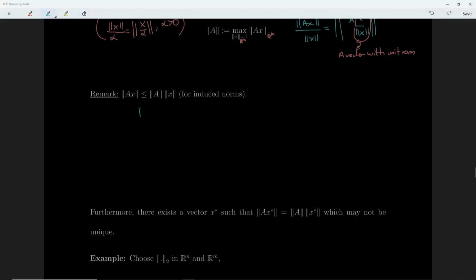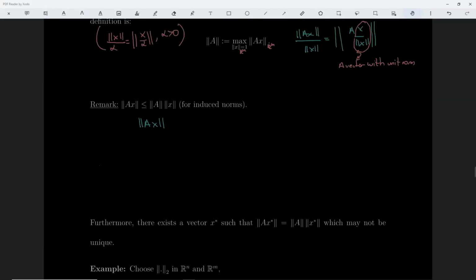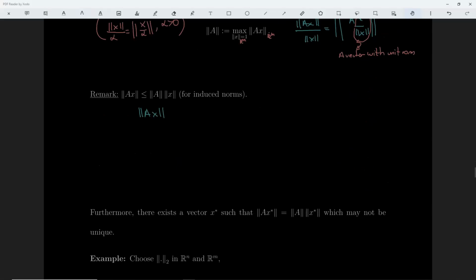So I will start with writing norm Ax. And in order to pass to the definition of the induced norm, I will multiply and divide that thing with the norm of x. So norm Ax will be equal to norm Ax divided by norm x, times norm x. And I can write this if norm x is not equal to 0. If I'm not dividing by 0, then I can write that thing down.